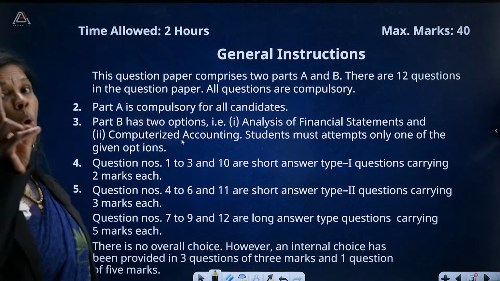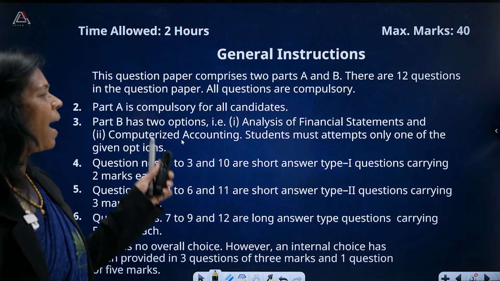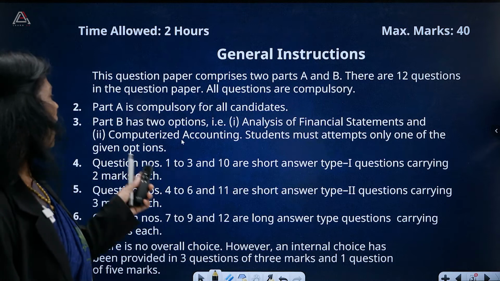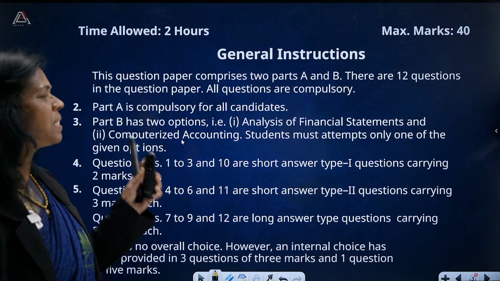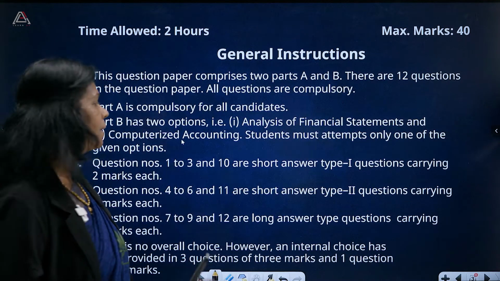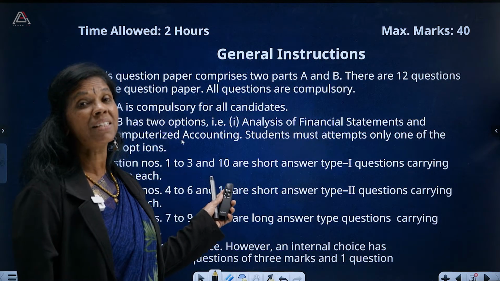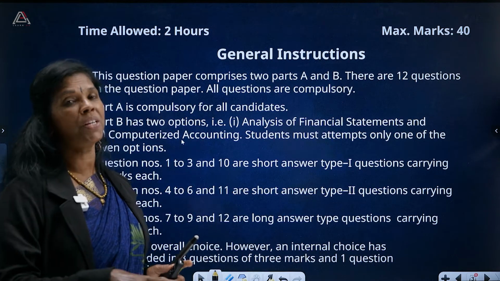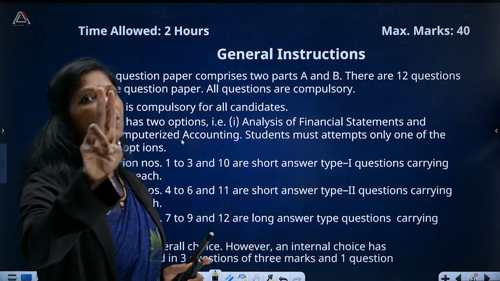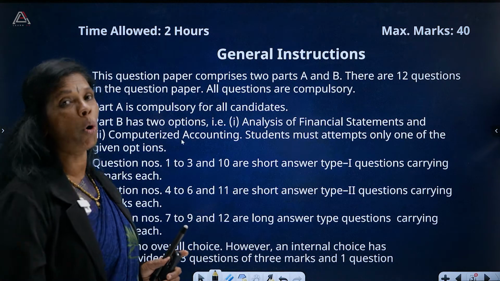Part B has 2 options. First one, analysis of financial statement, and the second one, computerized accounting. Students must attempt only one of the parts in part B. Out of these 2 options, you have to attempt only 1 option.